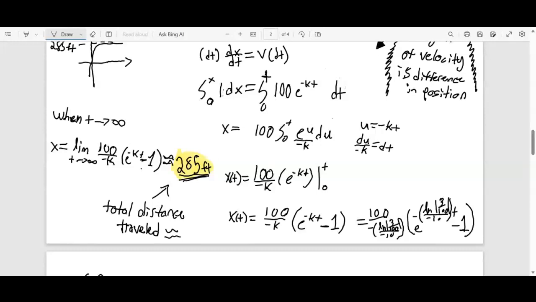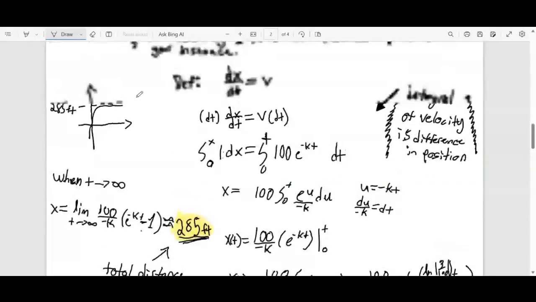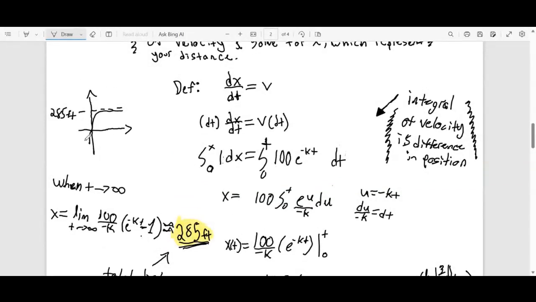So if I choose any t value, it's going to tell me the distance from 0 to that time. Now I have a function that tells me the difference in position from 0 to any t that I plug into it. I found the limit of that function as t approaches infinity, which is representative of this graph right here.